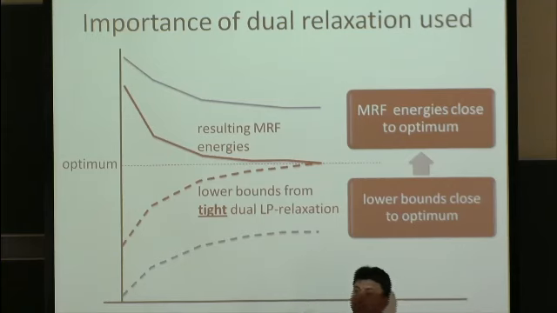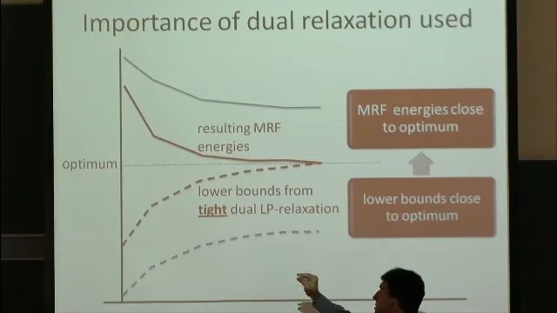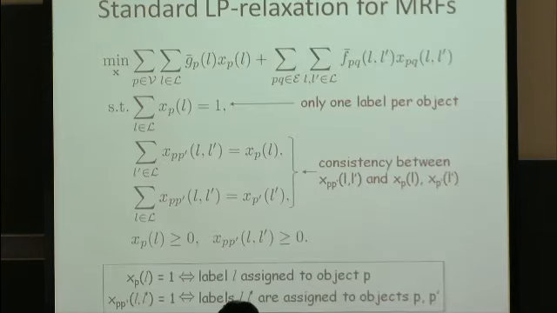And if I can have better and better, tighter and tighter relaxations, what is going to happen eventually? The gap will decrease, and I'm going to have a guarantee that at the end, I'm going to have the global optimum. That is the idea.